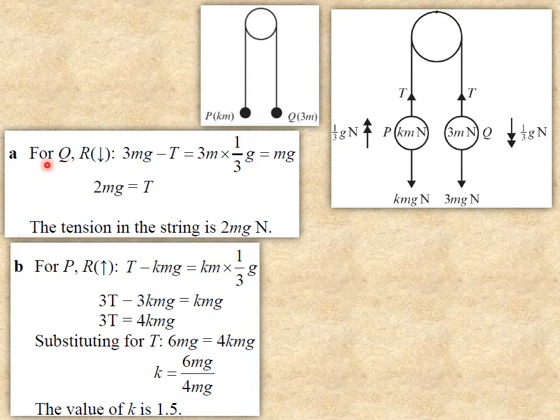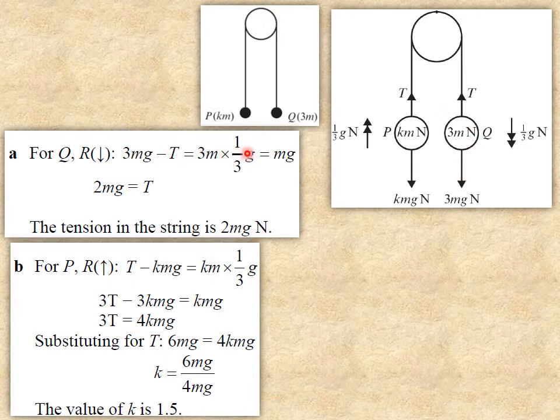Same as we studied in the morning, you can take particles P and Q individually, or you can take the entire system as one, depending on the requirement. For Q, taking downward as positive, the resultant force equals mass into acceleration, F equals ma. Because Q is going down, the weight will be positive and T negative.